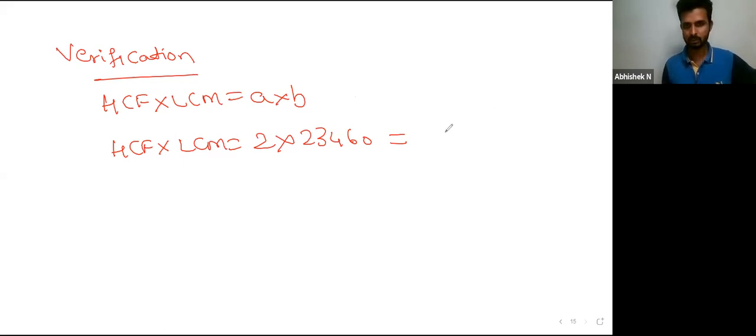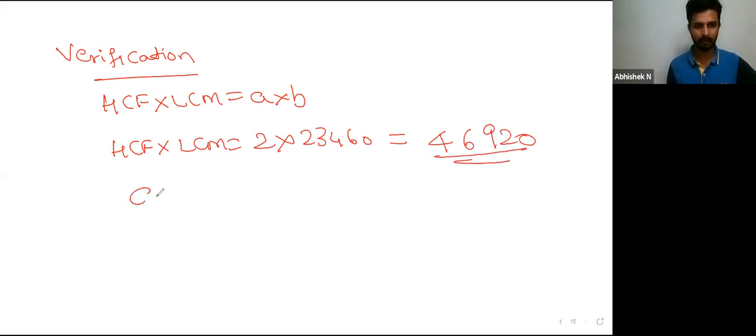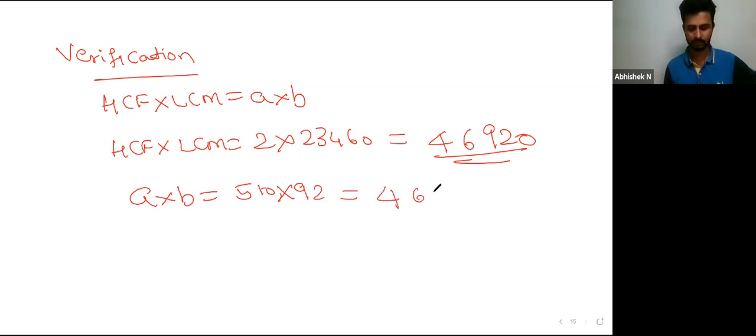This gives you about 46920. Similarly, if you multiply A with B, that is 510 and 92, this again gives you 46920.